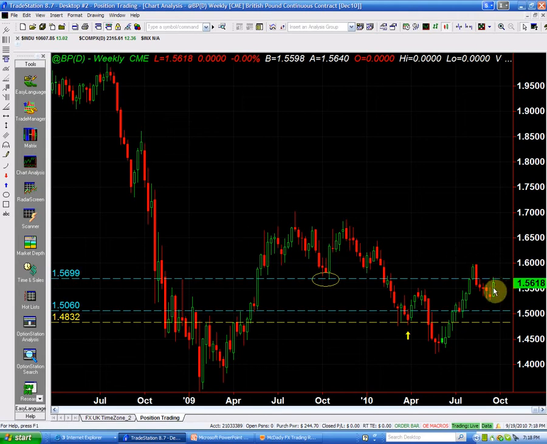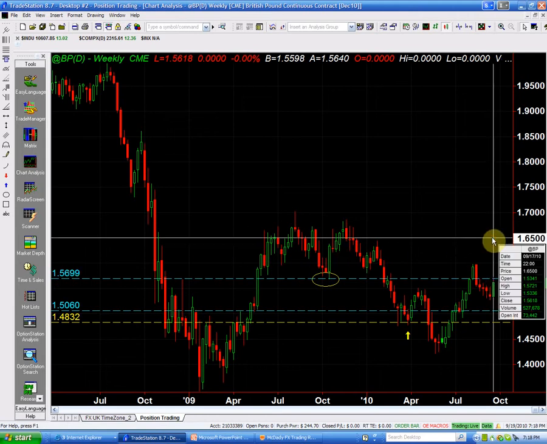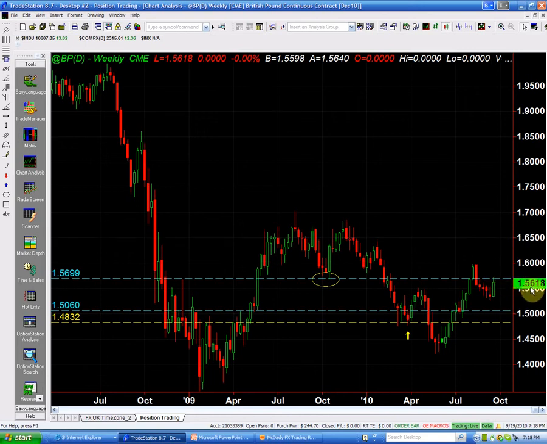We put the high of last week at 157.21, only to turn around and close at 156.18, which is 100 pips or a big handle right below the actual buy signal.